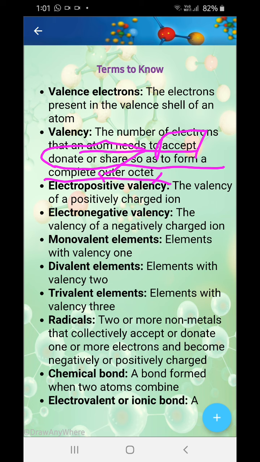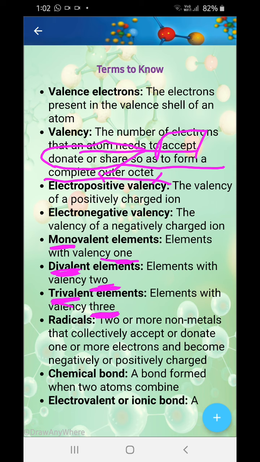Now what is electropositive valency? The valency of positively charged ions, like cations, is electropositive valency. Electronegative valency is the valency of negatively charged ions. Monovalent: elements with valency 1, mono means 1. Divalent, di means 2.